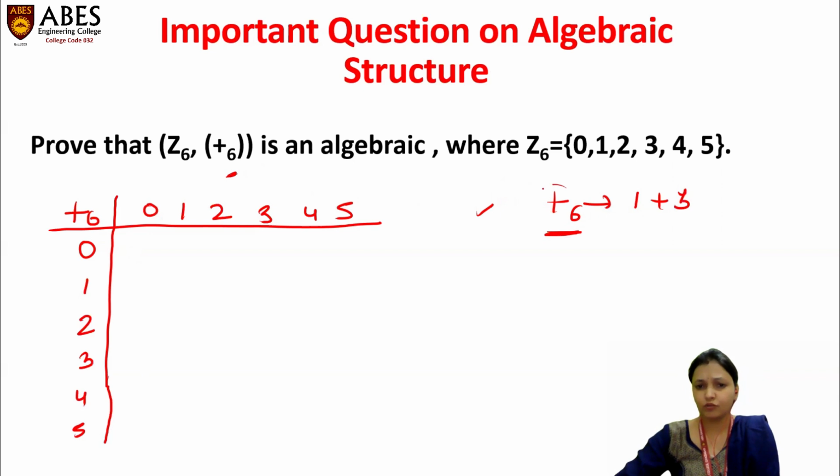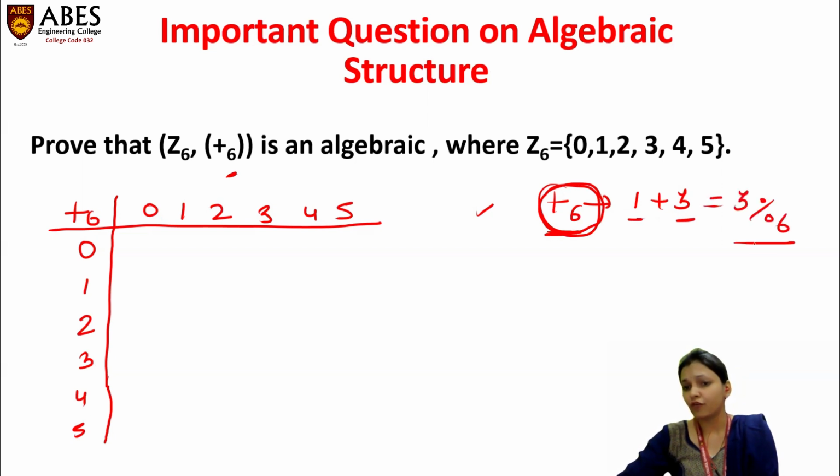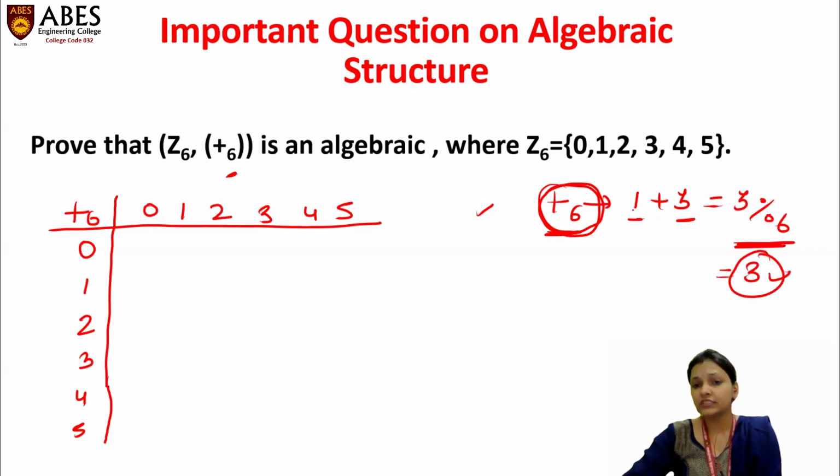I'm just telling you how to use this operator. If we add 1 and 3 and then find the remainder with 6, what will the remainder be? We will get 3 as the remainder.